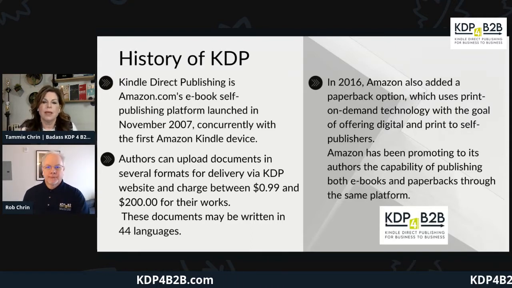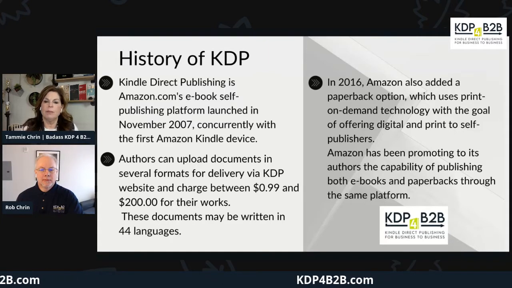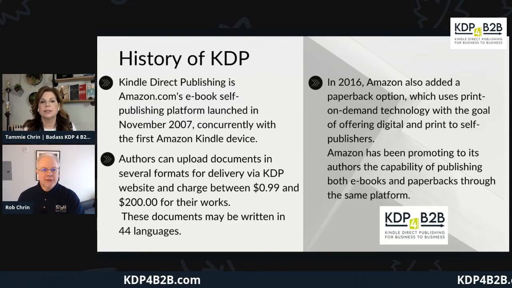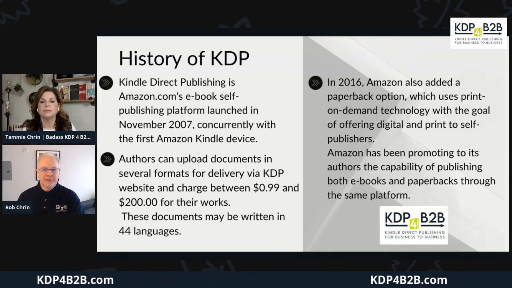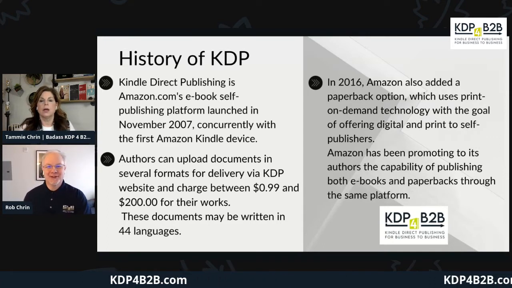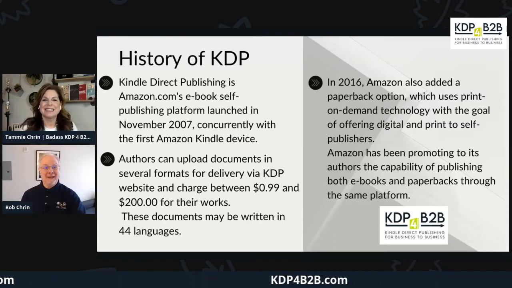Right. And Amazon has been promoting authors and their capability of publishing both ebooks and paper books through the same platform. Yeah, just recently we found out that they're starting to do a beta test for hardcover books. I don't know if you're talking about that at all, but they're probably going to keep expanding.